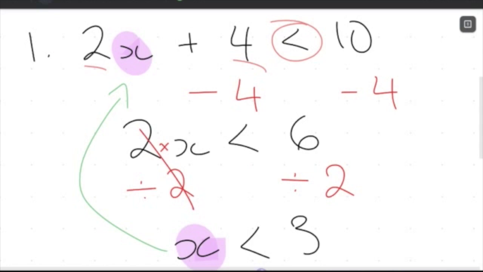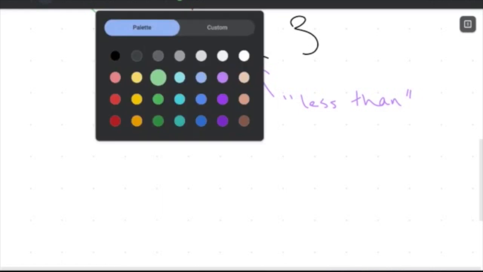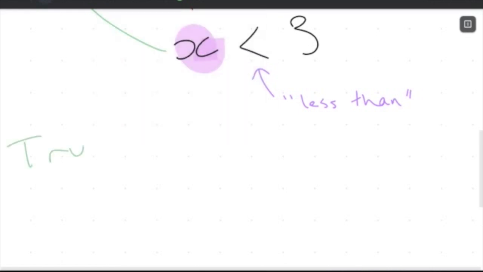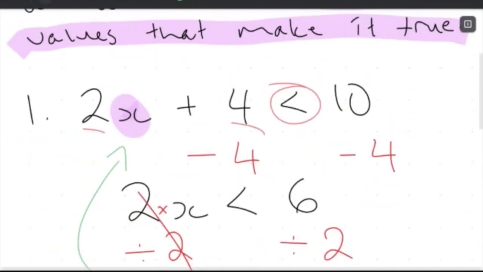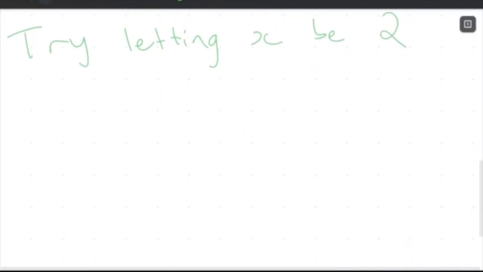So let's pick a couple of values, shall we? Just to test this, we're going to try letting x be 2 and substituting that in. 2 is a number less than 3, so it should work when we substitute it into the equation. My expression here is 2 times x plus 4.